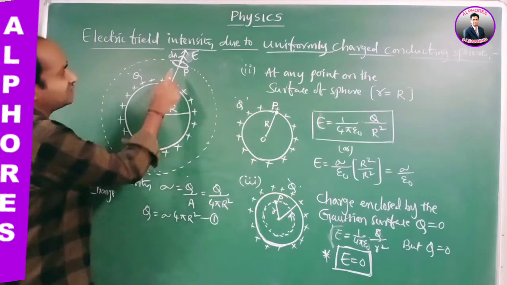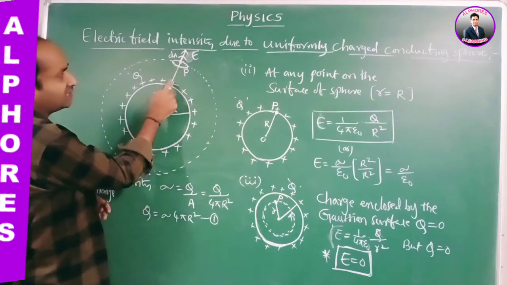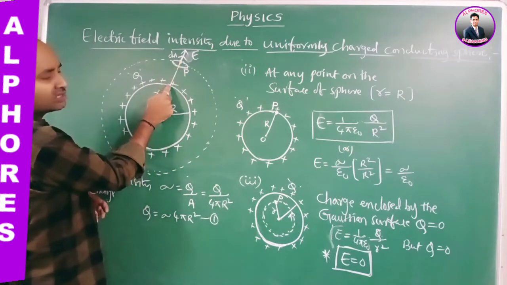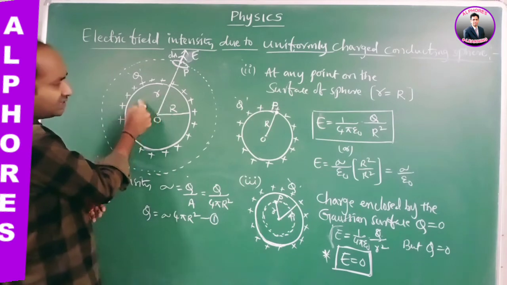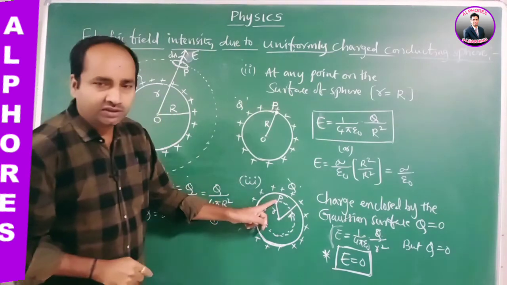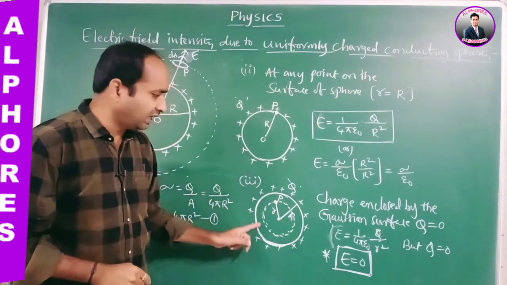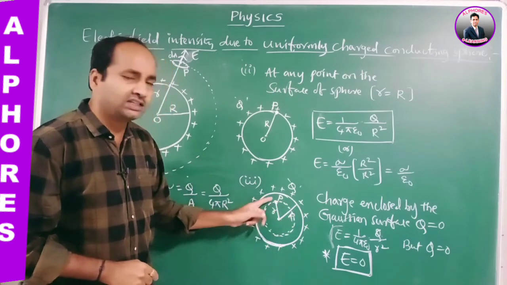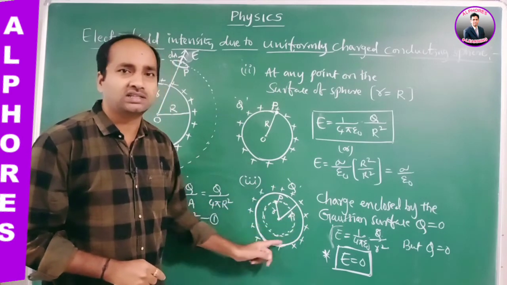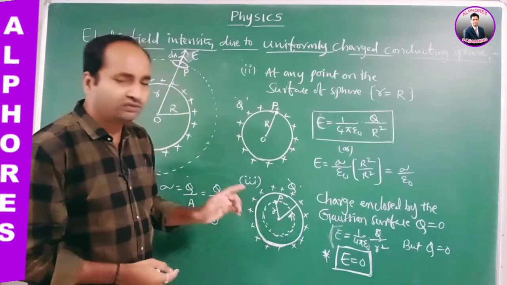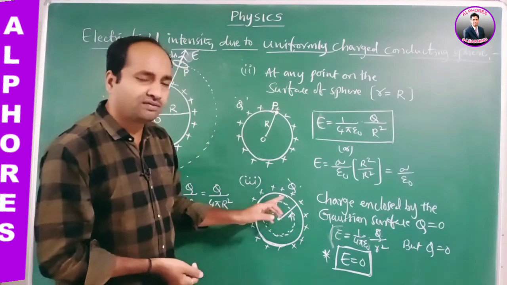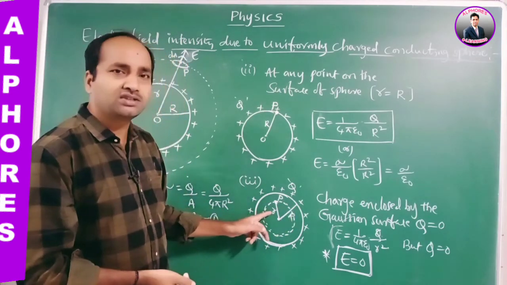This is the first case, this is the second case. First outside, second on the surface, third inside. Inside the sphere we are calculating. So whenever we are calculating the electric field inside the sphere, again we should construct a Gaussian surface in the form of a sphere of radius small r.